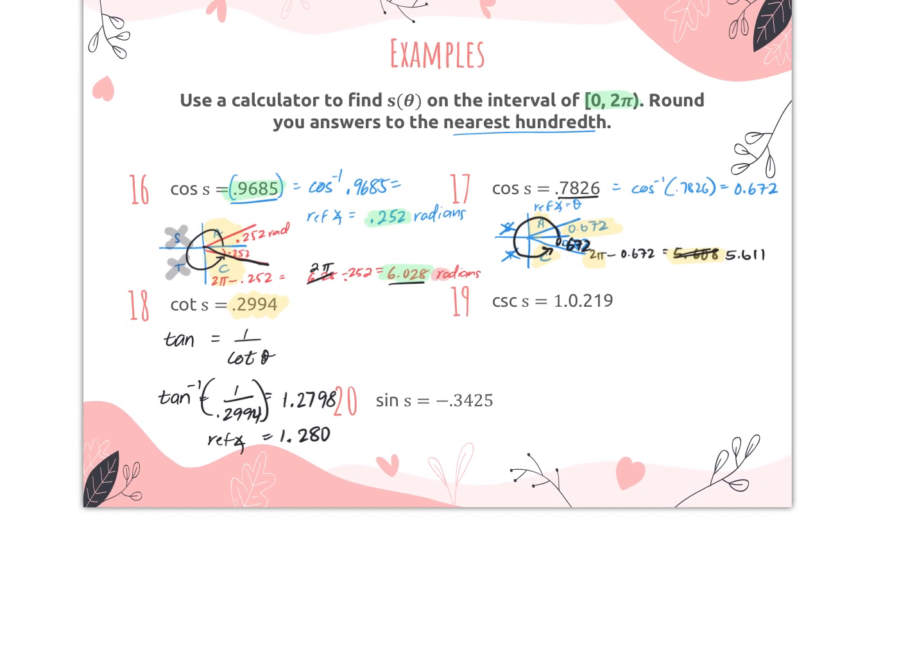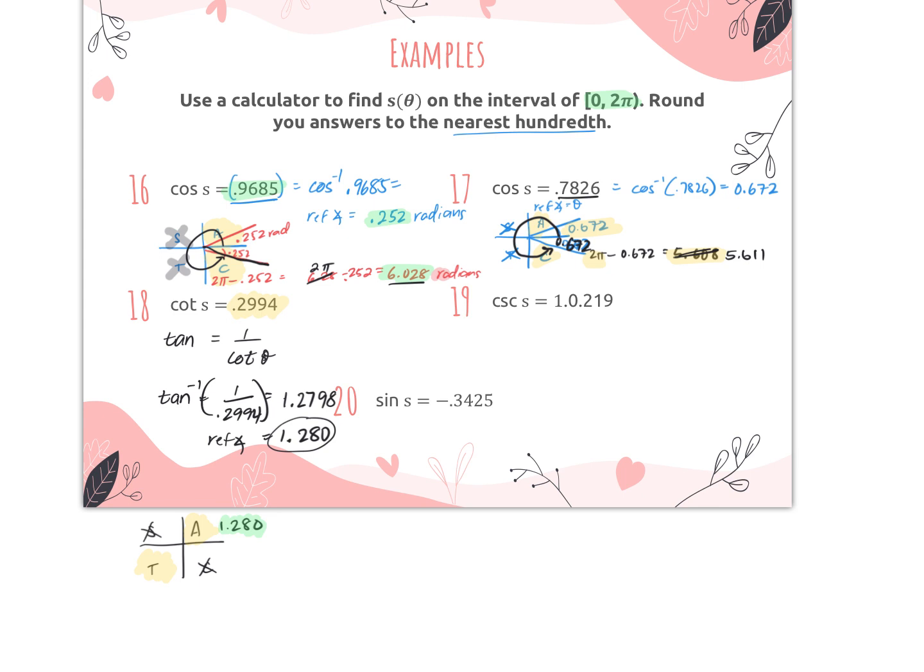And again, now I look at my cotangent and I see that it's positive. All students take calculus. And I know my tangent and cotangent are positive in quadrant 1 and quadrant 3. And so I know that in quadrant 1, the reference angle is the answer. So this is one of my values.